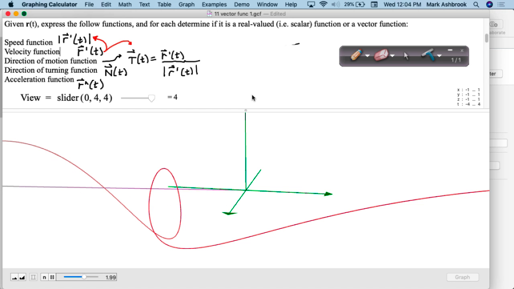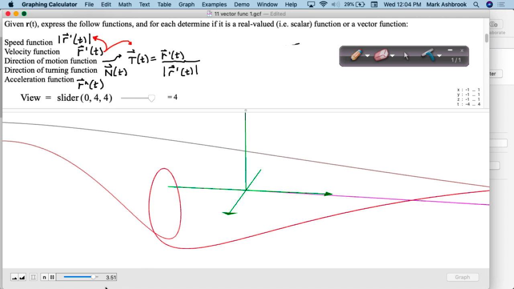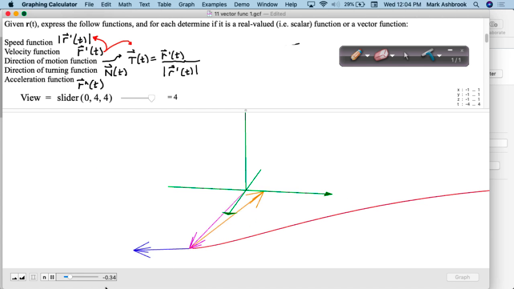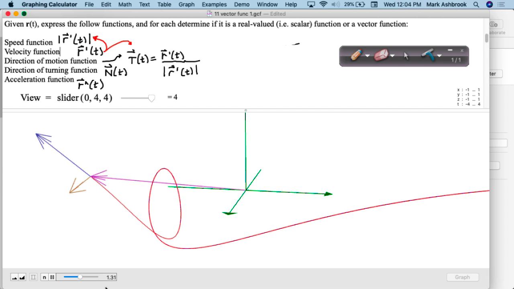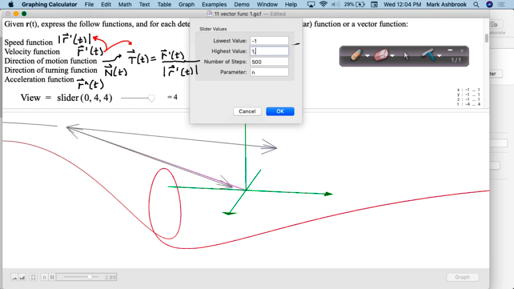So maybe I'll just go from one, two, and five. Does it change back? Yeah.